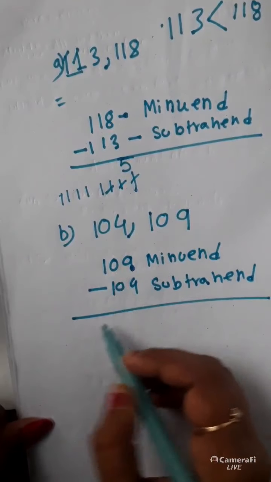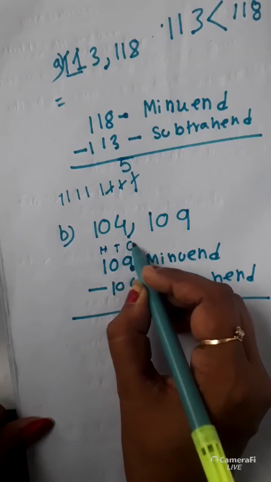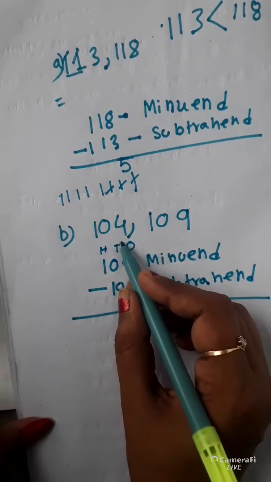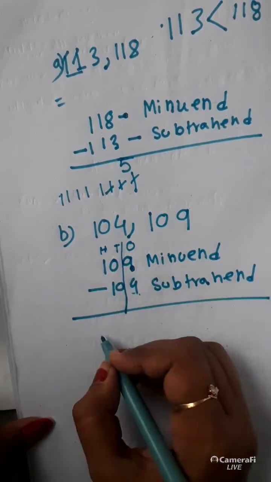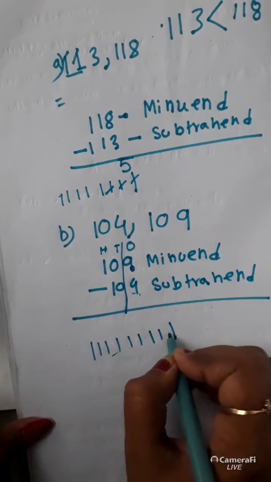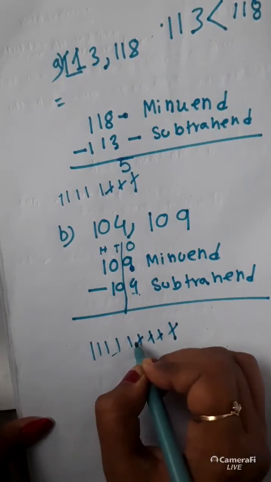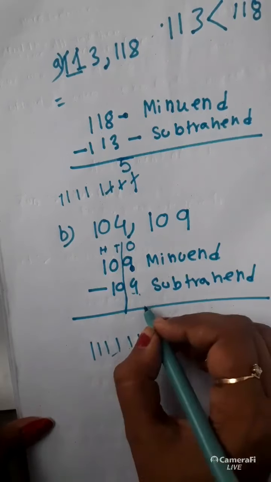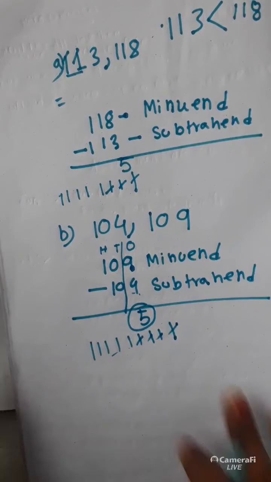Now we will subtract it. As I told you, it is hundreds place, tens place and ones place. So always we will start with ones place. So 9 minus 4: 1, 2, 3, 4, 5, 6, 7, 8 and 9. Now cut the 4: 1, 2, 3, 4. What are the rest? 1, 2, 3, 4, 5. Yes, 5. I hope you are understanding the things.